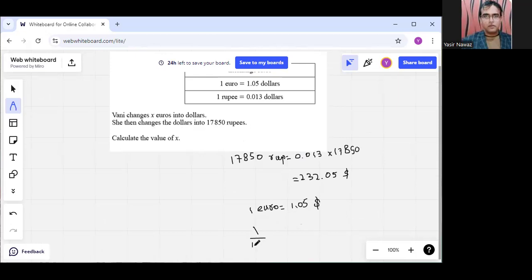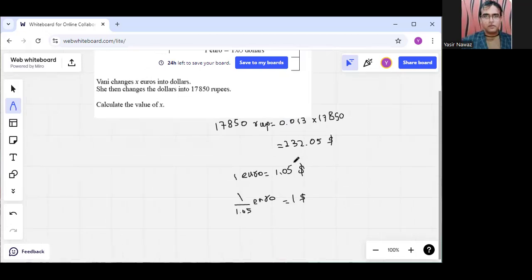So it's 1 over 1.05 euro is equal to $1. So how many dollars would be converted to euro? 232.05. So I multiply both sides by 232.05.